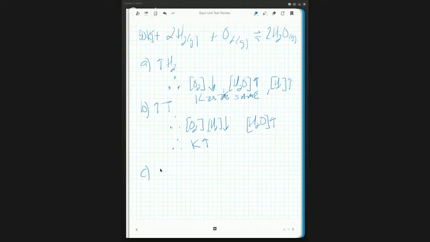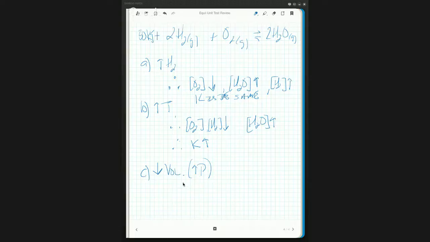Lastly, we'll talk about pressure. Let's say we decrease volume. If we decrease volume, you're increasing pressure because they're inversely related. There's a smaller space, less area to move, so it's going to favor the side that has fewer moles.